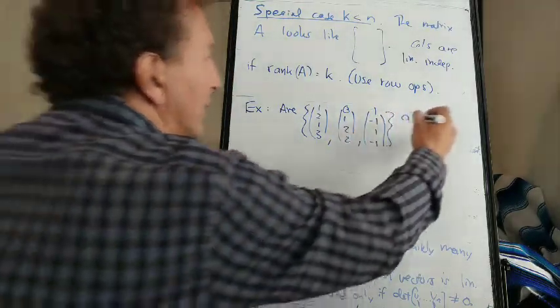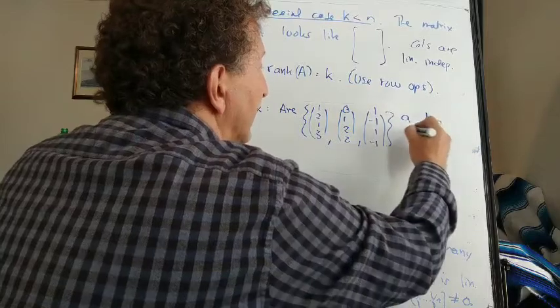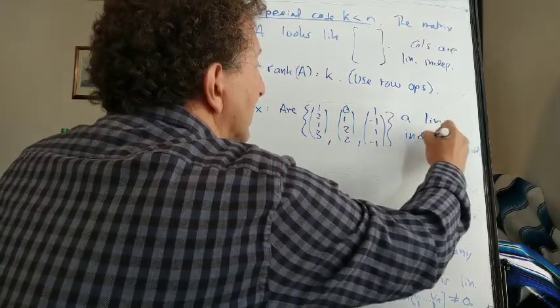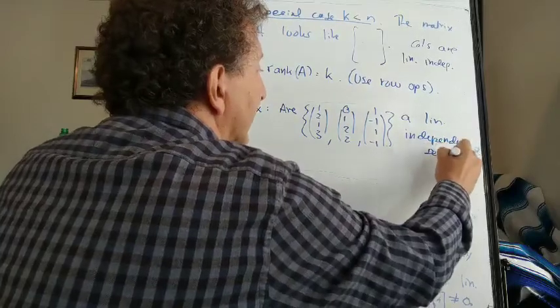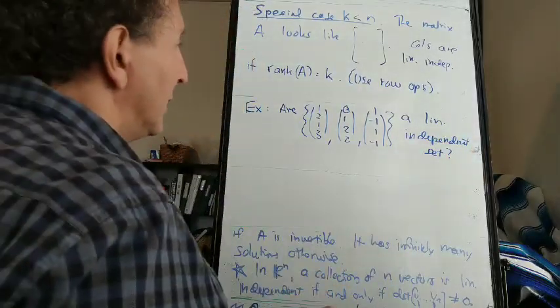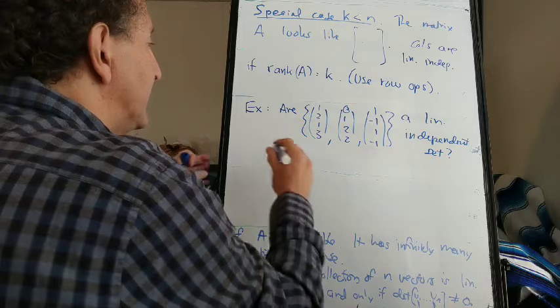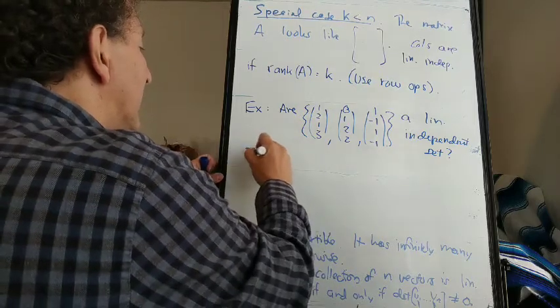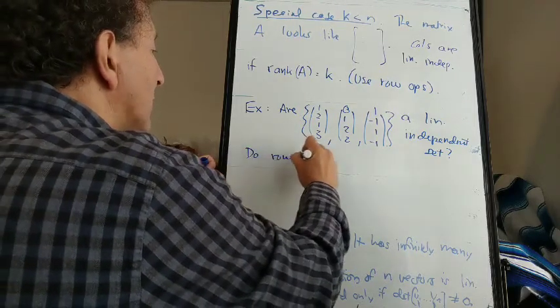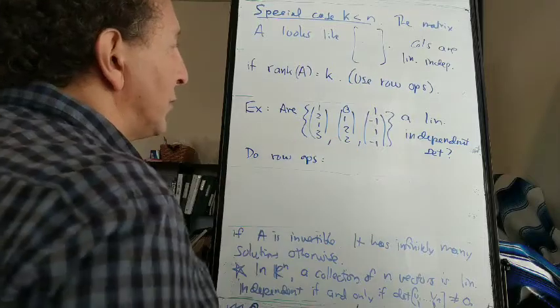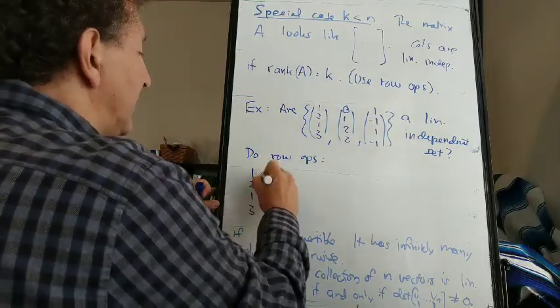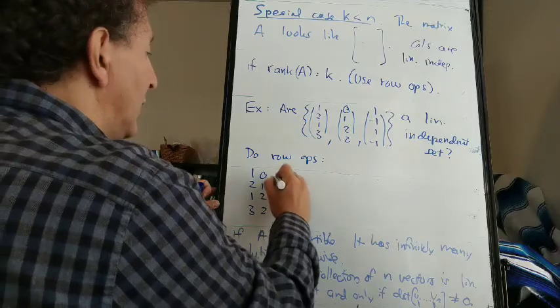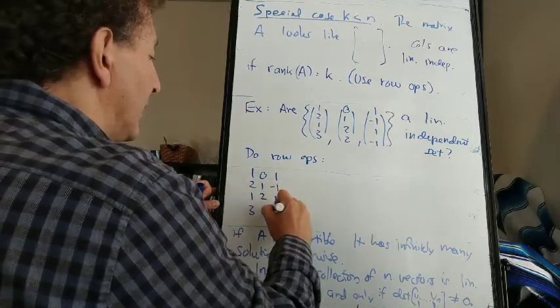So are these three vectors a linearly independent set? So we'll do row operations. We've got 1, 2, 1, 3, 0, 1, 2, 2, 1, negative 1, 1, negative 1.